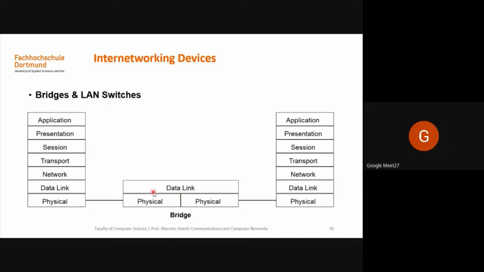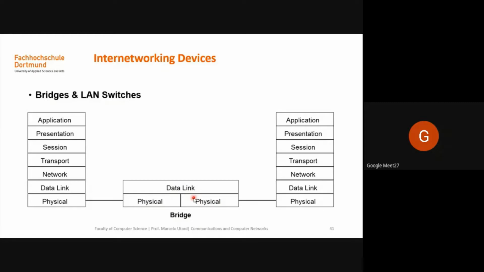The switch receives the digital signal, decodes the signal, and receives and stores the whole frame, that is the PDU of layer 2, and after that retransmits the frame across the other interface, the other port.